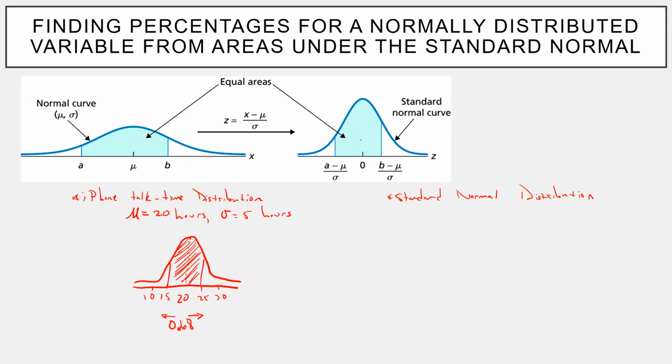Now the standard normal curve has a mean of 0 and standard deviation of 1. It's centered at 0. Let me add one standard deviation, add another, subtract a standard deviation, subtract another. Does anybody know how much area has to be under the standard normal curve between -1 and 1?